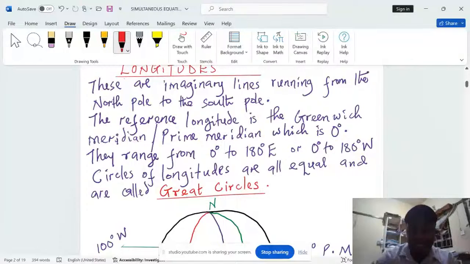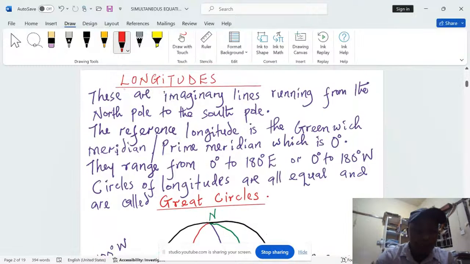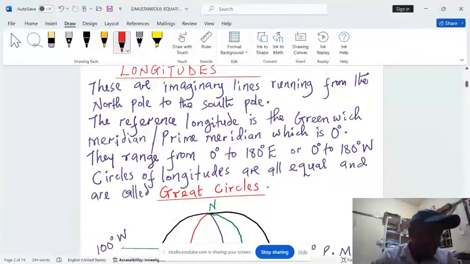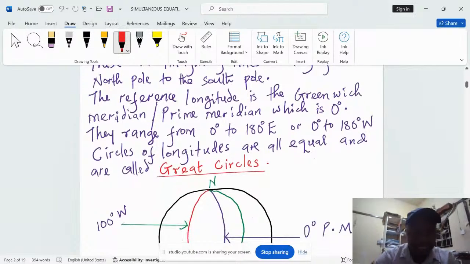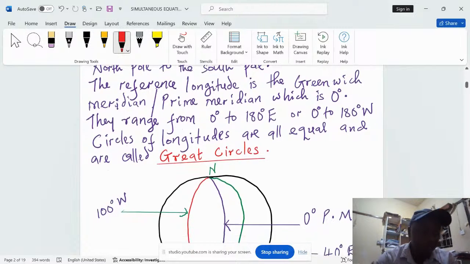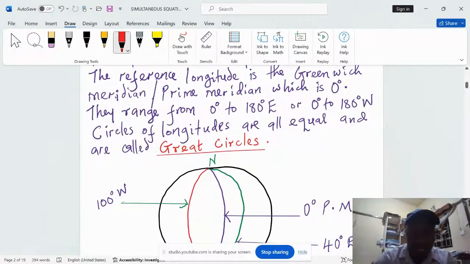The zero longitude is usually the Greenwich meridian, also called the prime meridian. It is usually 0 degrees. So all the other longitudes are named either to the east or to the west of the prime meridian, and they range from 0 to 180 in the east, and also 0 to 180 in the west.